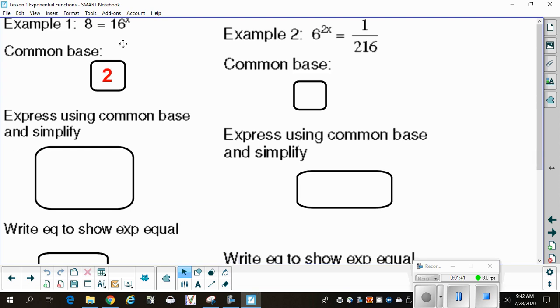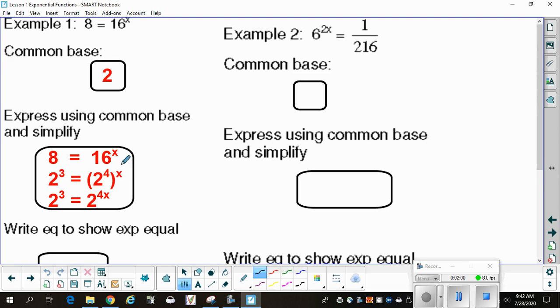Expressing this equation using the common base, I change 8 to 2 cubed and 16 to 2 to the 4th. Then I remember my exponent laws from Algebra 1, where a base raised to a power raised to another power means I multiply those powers. So I multiply the 4 and the x to get 2 to the 4x.